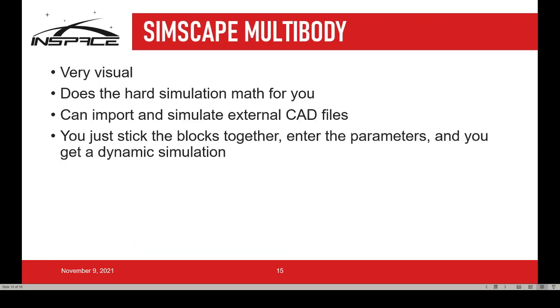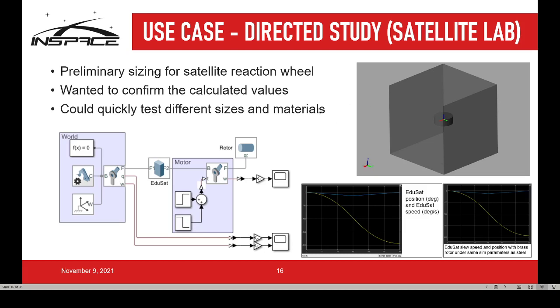Here's an example of one thing I've done with Simscape recently. I'm volunteering with the satellite lab, and one of the things we had to do was the sizing of a reaction wheel to make sure it would have enough inertia to be able to turn the satellite around.